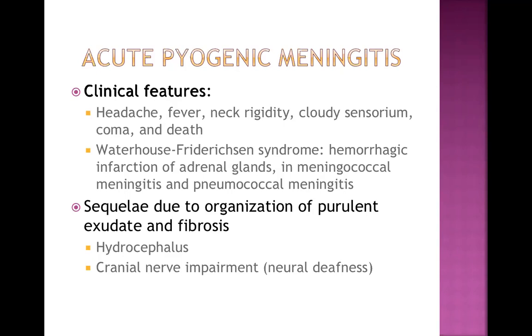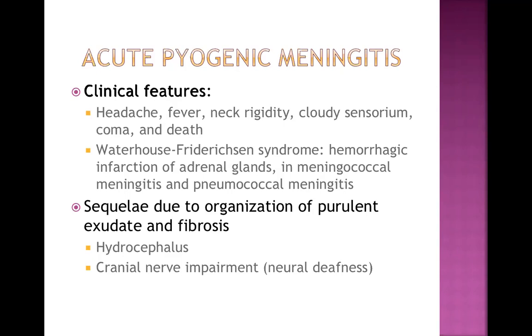The common sequelae or complications, we should say, are hydrocephalus and cranial nerve impairment, and sometimes even hemiplegia of one half of the body may occur. Among cranial nerve impairments, deafness is very common in case of meningitis. The person cannot hear, as a neurological sequela.